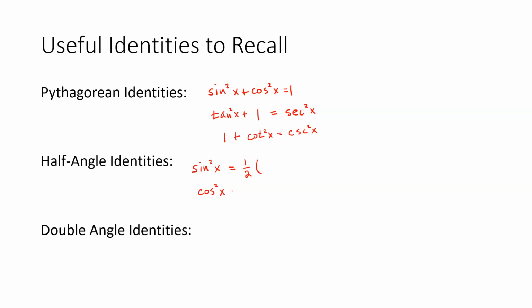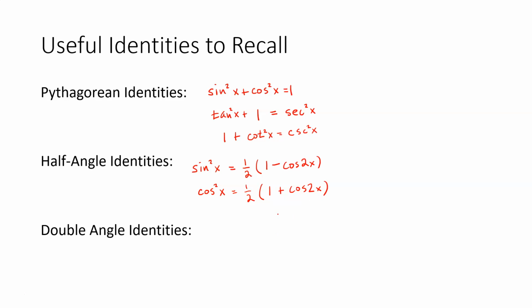The variation of these identities that we'll use looks a little bit more like a double angle formula, but here I'm calling it the half angle identity because it's really coming from that half angle formula. So if I have sine squared of x, I can write that as 1 half times 1 minus cosine of 2x. And then cosine squared of x will be 1 half times 1 plus cosine of 2x.